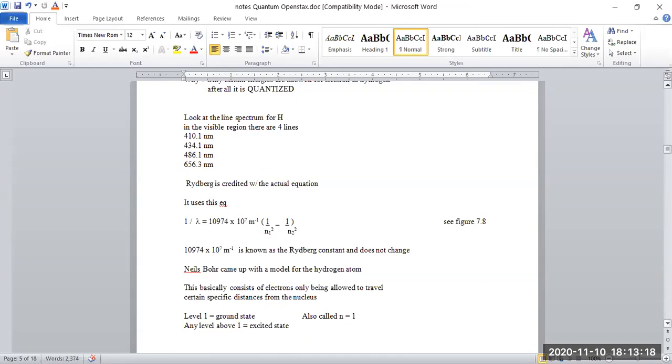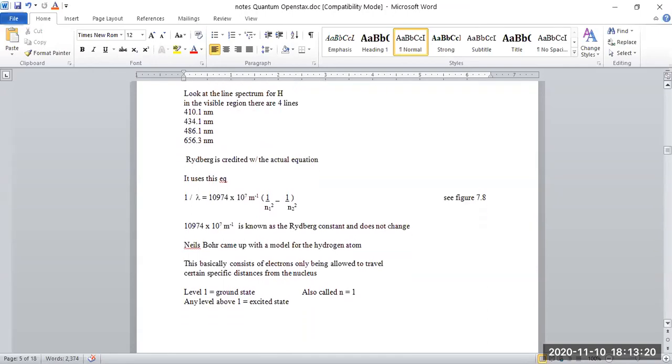So Niels Bohr is one of those dudes from the 1920s, 1930s time period who began to put all the pieces together. He began to integrate to a degree some of the wavelength information along with some of the particle information. And he put together a model for the hydrogen atom, which not only involves that equation, it also involves some other mathematical calculations too.